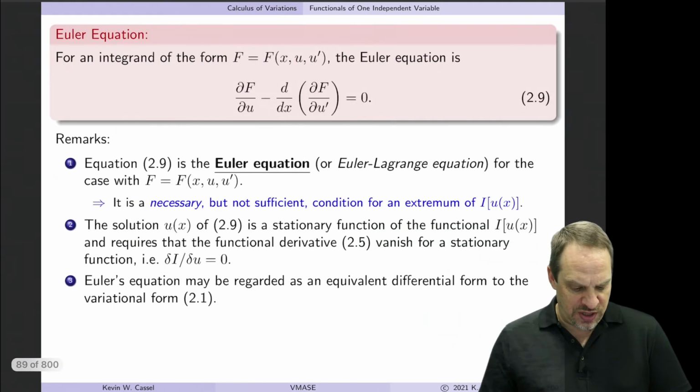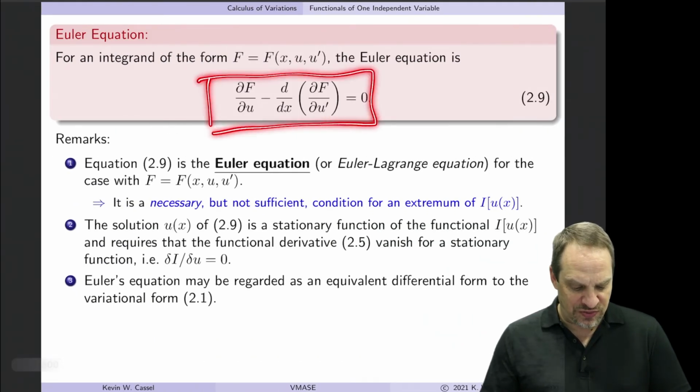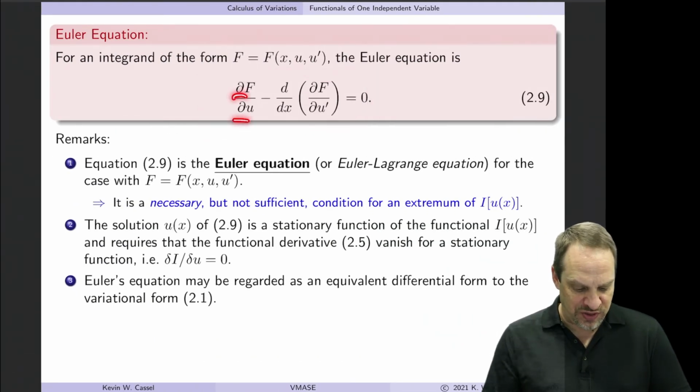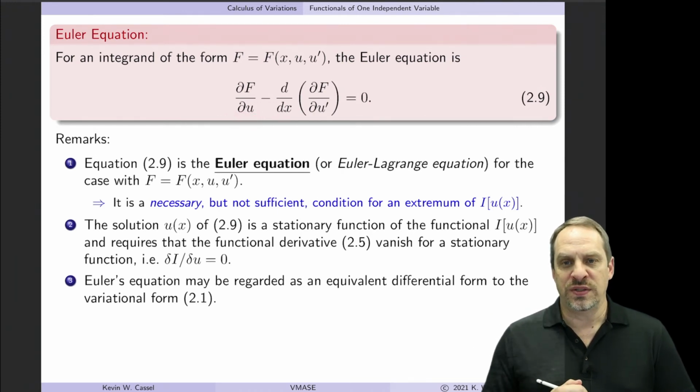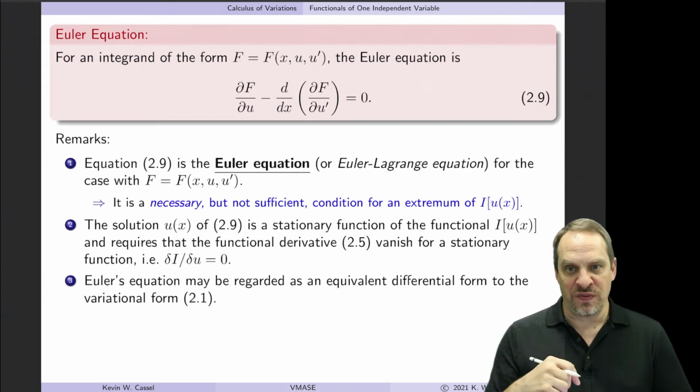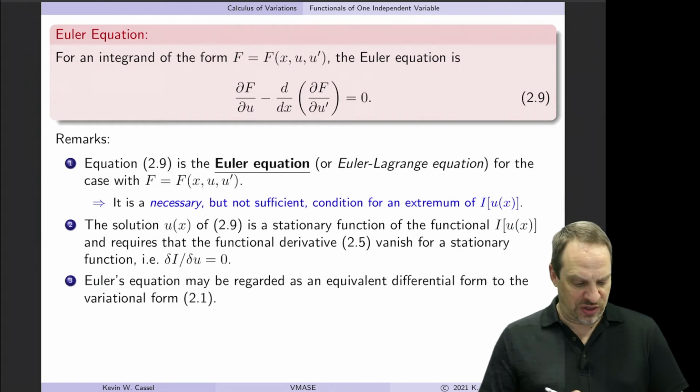Now, when you look at the Euler equation, I keep saying this is a differential equation, and you do indeed see derivatives all over the place. However, it looks a little strange in the sense that in partial f partial u, remember f is the integrand and u is the dependent variable. Normally we think of taking partial derivatives with respect to the independent variables. Here it's taken with respect to the dependent variable and its first derivative.